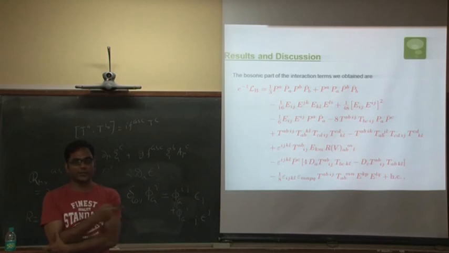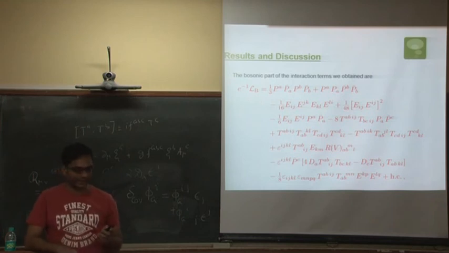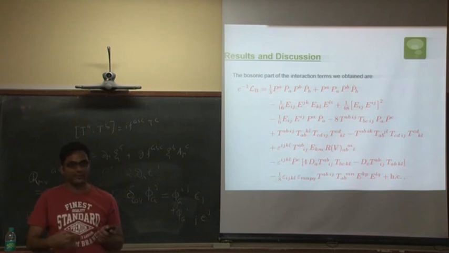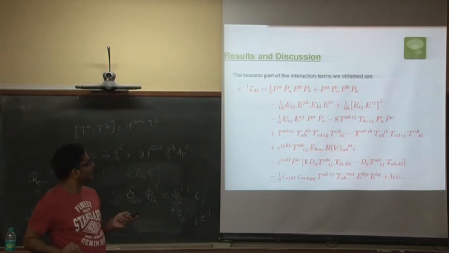We had a lot of email communication with them. We could point out some algebraic mistakes in the paper, which they also realized once we had a communication with them. Finally, after taking into account the computational mistakes they made, they also agree with our result. So this is our bosonic result.